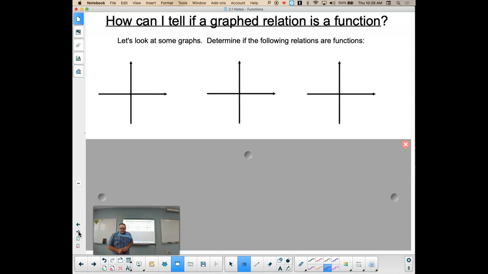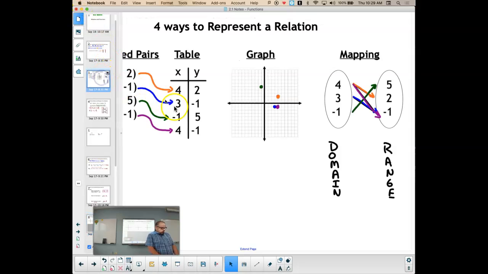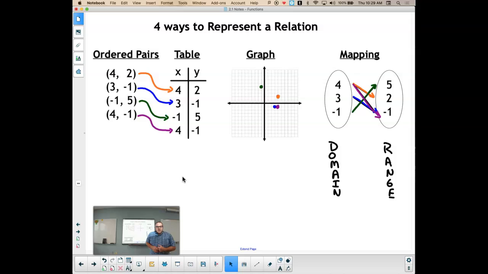How can we tell if a graph, so when we're dealing with a function, if I would go back to the original 4, here is the original 4. If we go back to this, in an ordered pair, we look for repeated x values. In a table, we look for repeated x values.